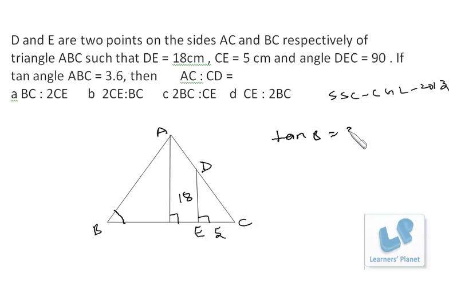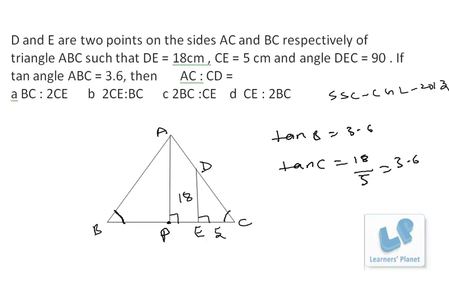Tan B is 3.6 and tan C can be calculated as perpendicular by base, that is 18 by 5, and that is also 3.6. That means this angle and this angle is same. That means this triangle ABC is an isosceles triangle. Now if it is an isosceles triangle, this line, suppose it is P, AP, that means we can say P will be midpoint of BC, right?